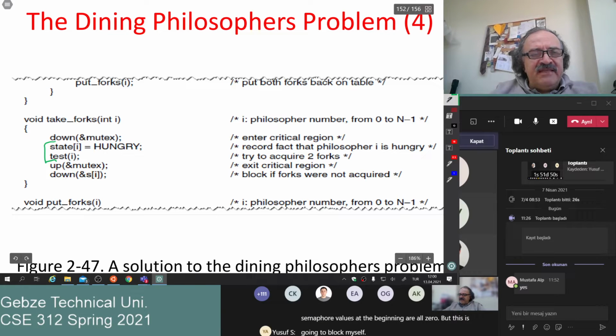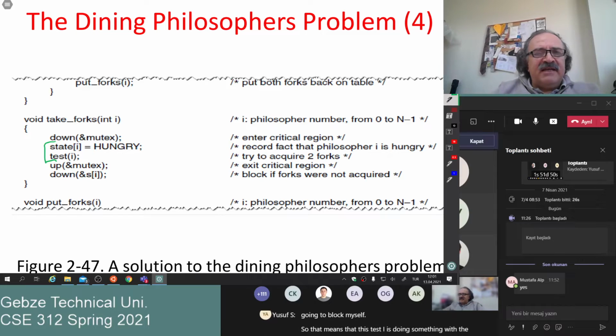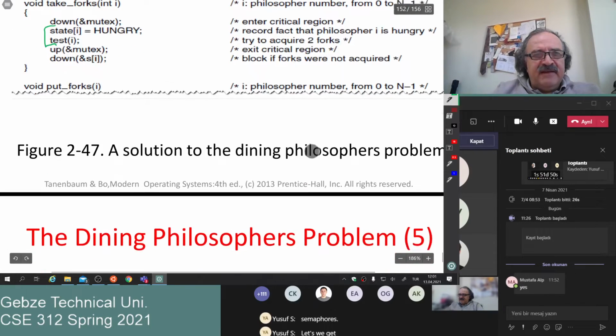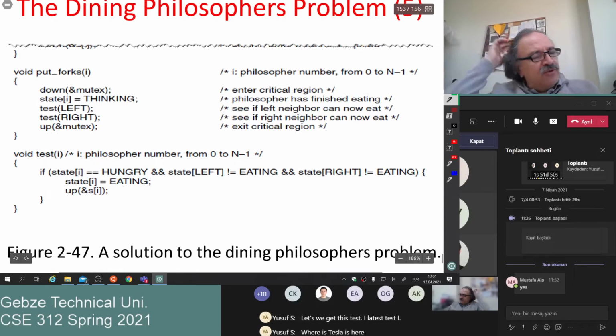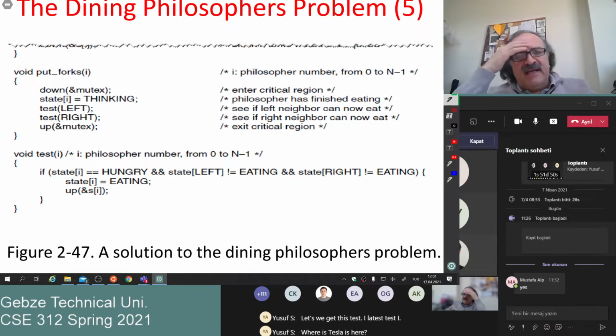So that means that this test I is doing something with the semaphores. Let's look at this test I. Test I is here. So the whole trick is in the test I actually.